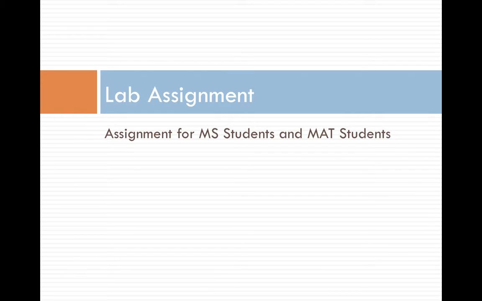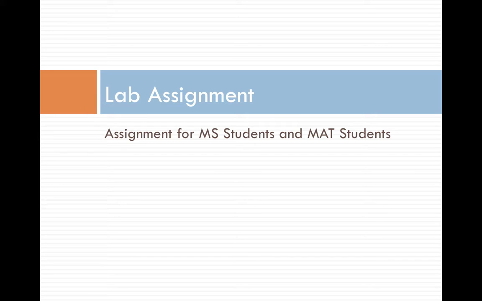So I want to take a moment as we finish this chapter to look ahead. Think about what's coming. In the coming weeks, you'll be going into your lab assignment if you're an MAT student. For MS students, I want you to do a similar assignment that you're going to do in your own classroom.